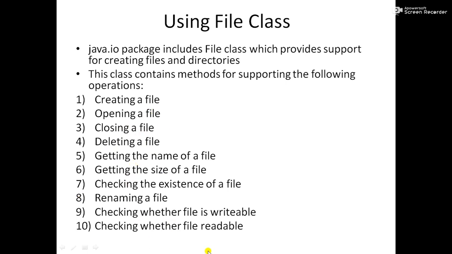So for all these different purposes, these operations are required for files. So by using either the byte stream classes, the character stream classes or the file classes, we can handle the input output operations.